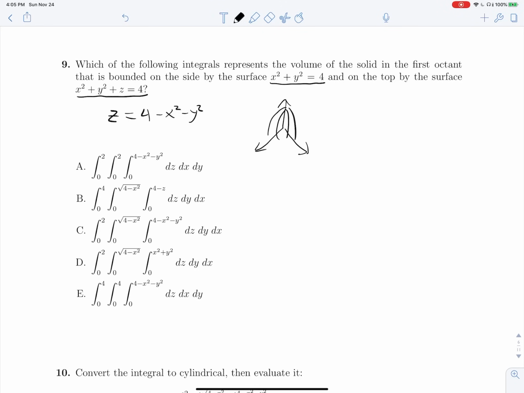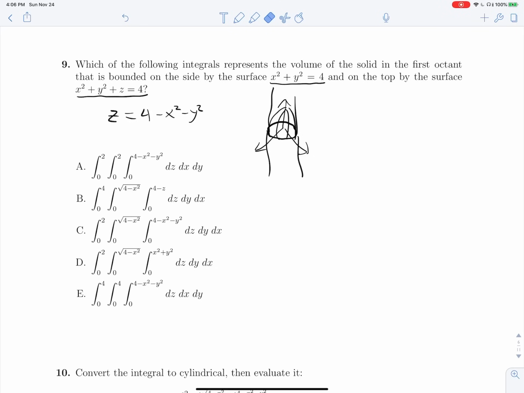So we see, okay, so we have this guy, and we also have the cylinder of radius 2 in here, which is also running up and down. So let's figure out what is going on here. They want the volume of the solid in the first octant bounded by both of these guys.